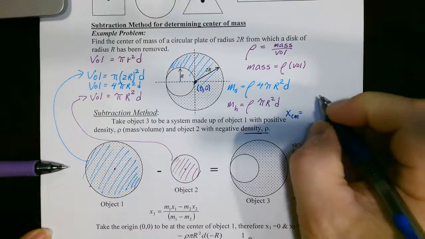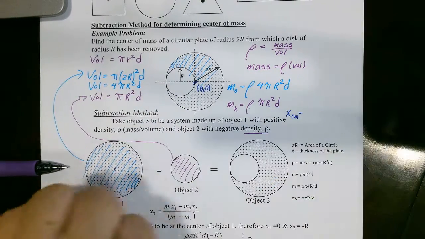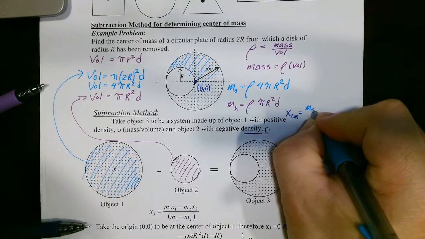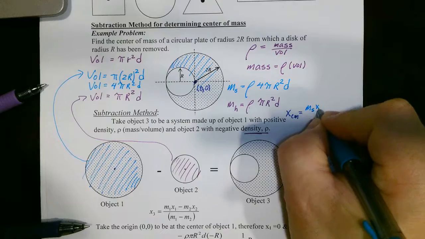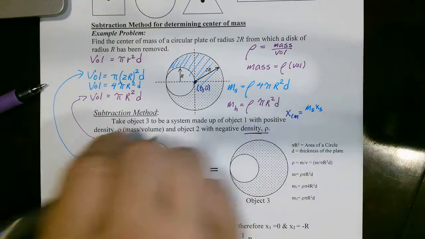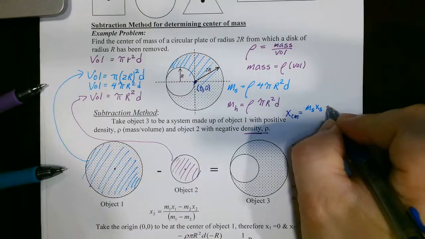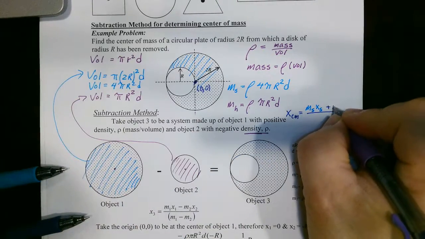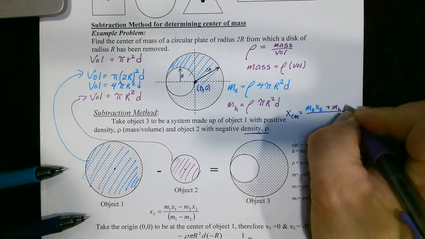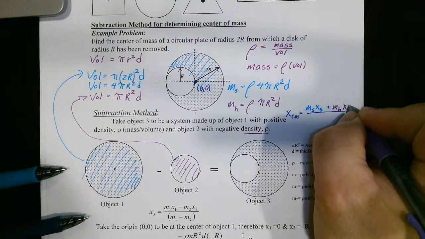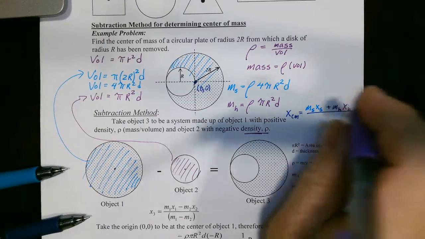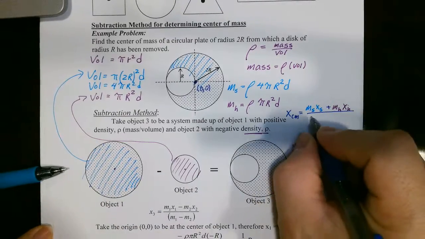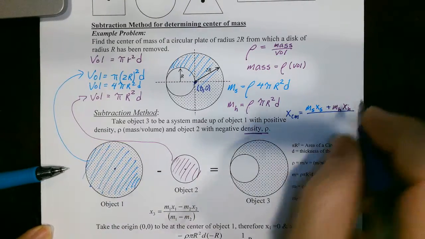So x sub cm is equal to m solid x solid plus m hole x hole, divided by, oh, that should be minus.